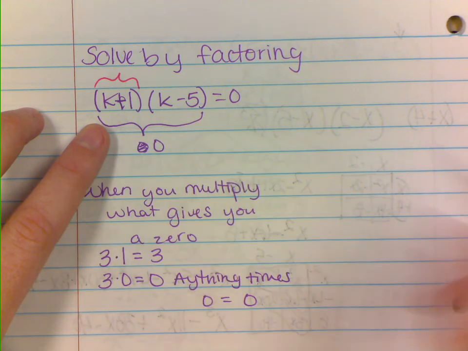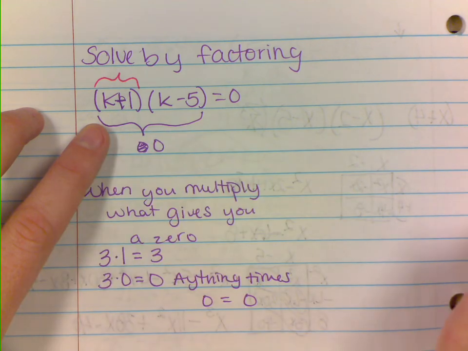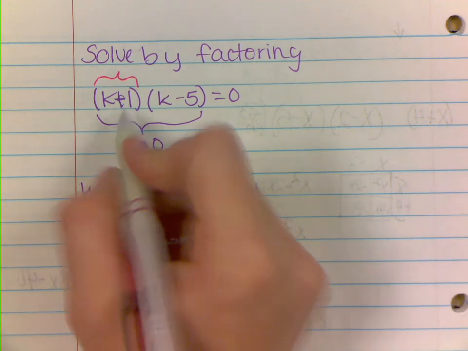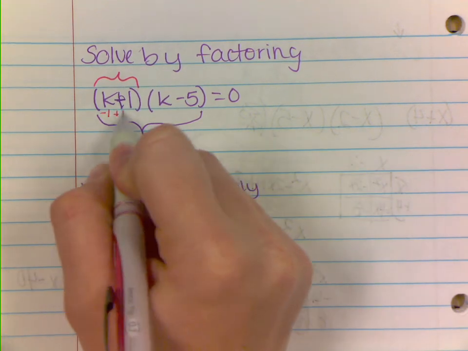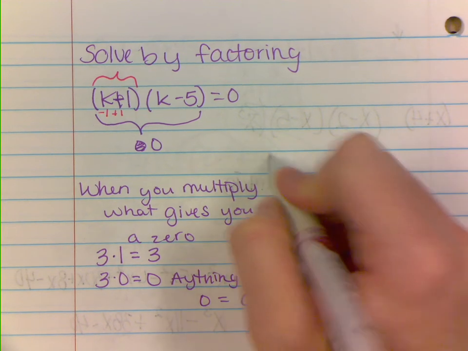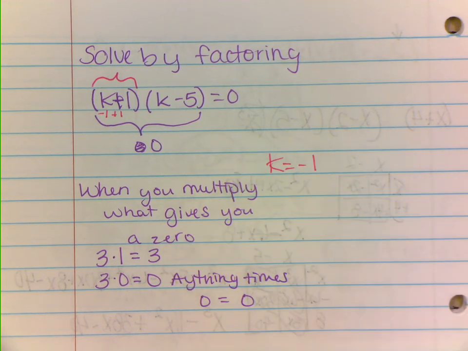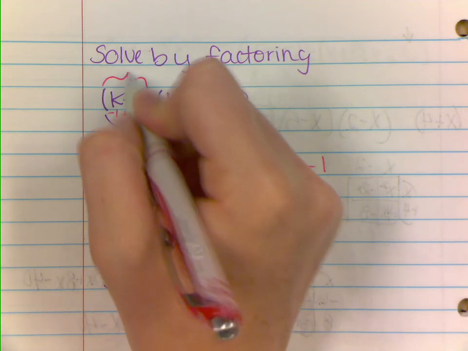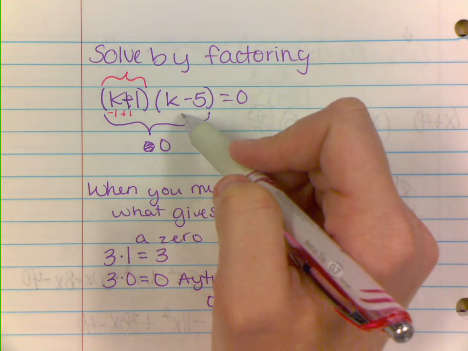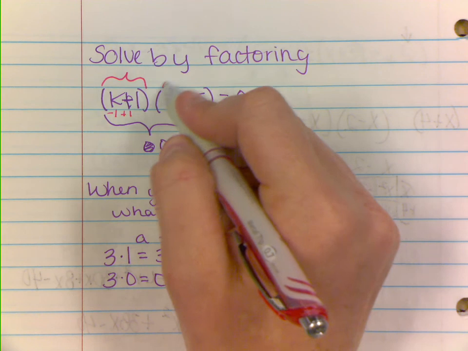Okay, what's 0 plus 1? So negative 1 plus 1 equals 0. Everybody see that? So I'm going to say k equals negative 1. But that just makes this parentheses equal to 0. What about this parentheses? Look at this parentheses.